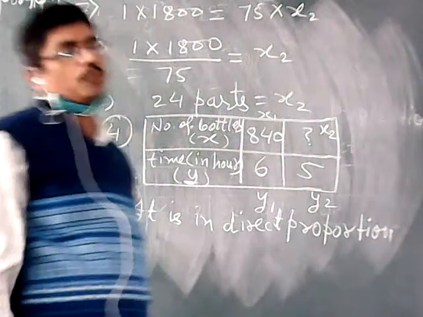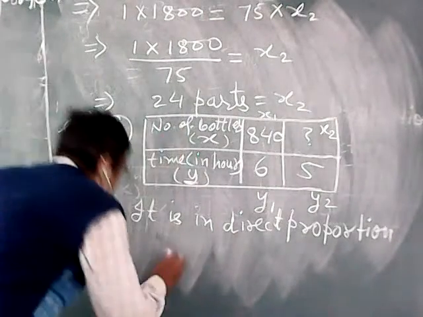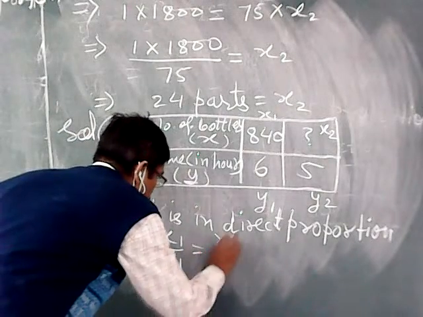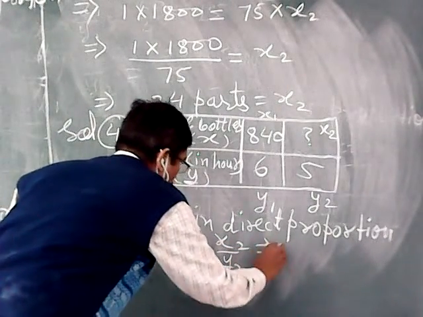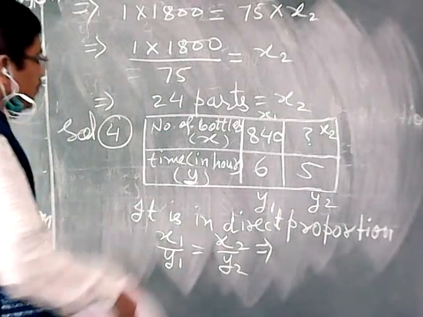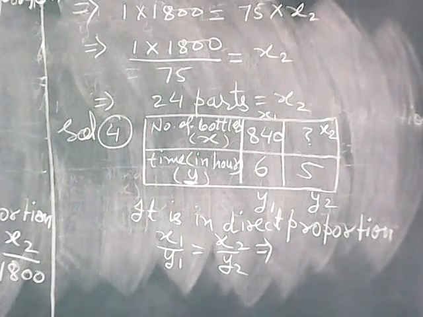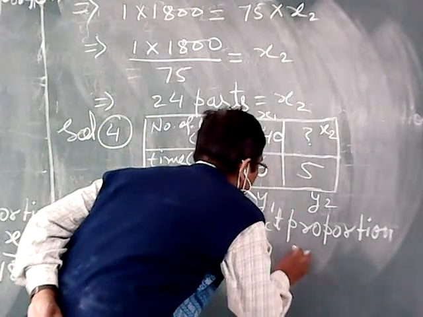So it is in direct proportion. Therefore, using the formula x1 by y1 is equal to x2 by y2, and putting these values from the table, like the previous question, we can have the solution.